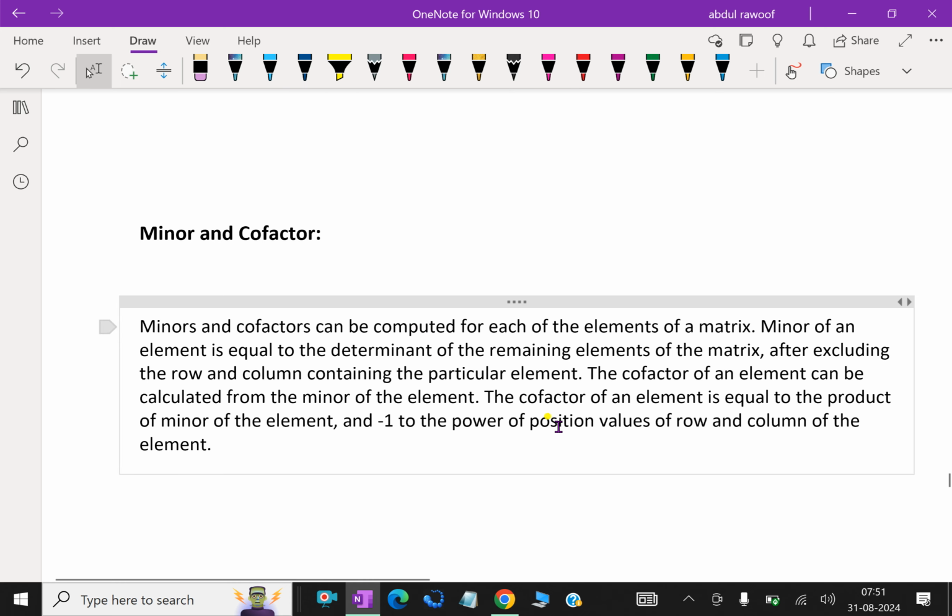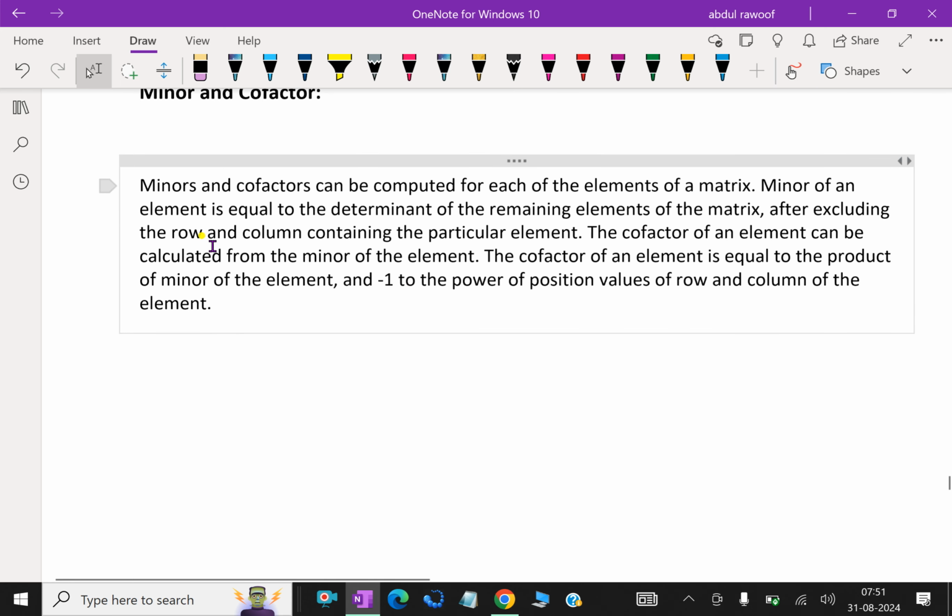Next one, minors and cofactors. Minors and cofactors can be computed for each of the elements of a matrix. The minor of an element is equal to the determinant of the remaining elements of the matrix after excluding the row and column containing the particular element. The cofactor of an element can be calculated from the minor of the element.